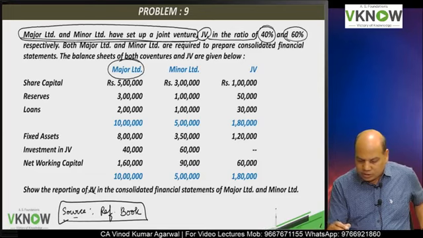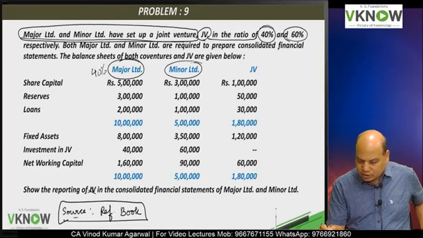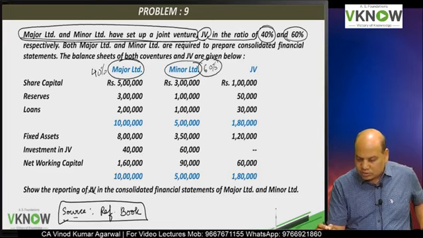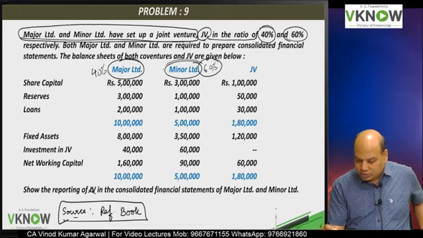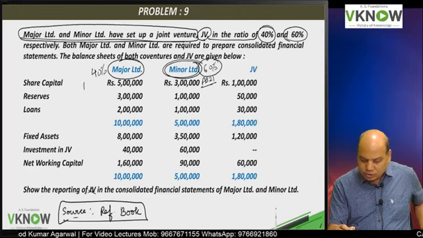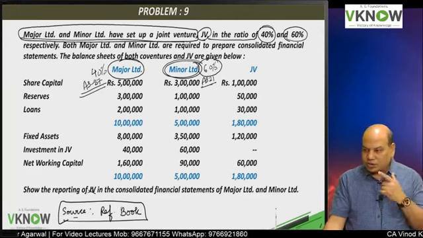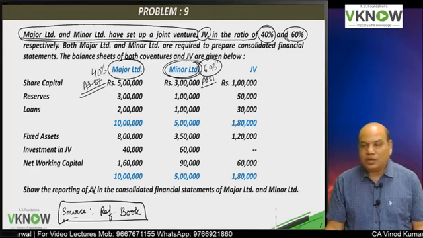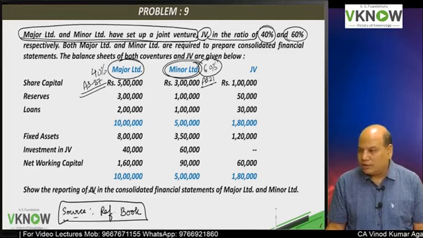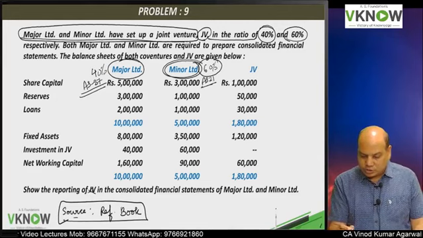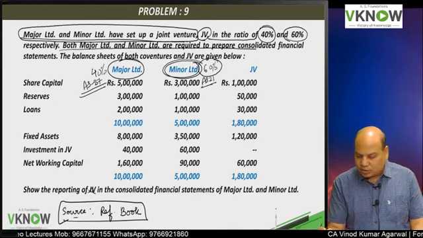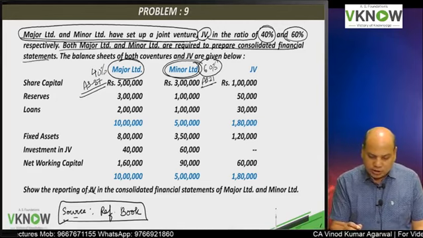So Major Limited is holding 40%, Minor Limited is holding 60%, but because it is more than 50%, Minor Limited will apply AS 21 and Major Limited will apply AS 27. Minor will apply AS 21, it is holding more than 50%. Now the question says both Major and Minor are required to prepare consolidated balance sheet.